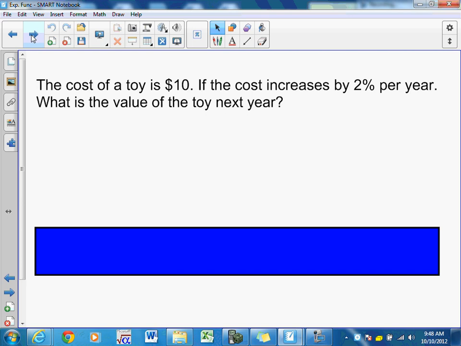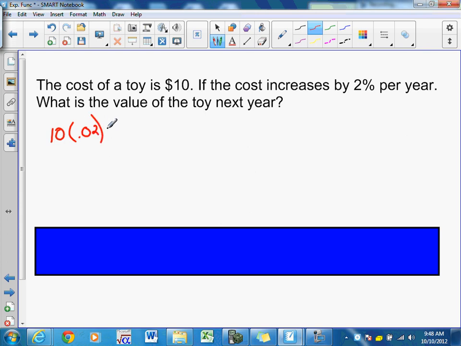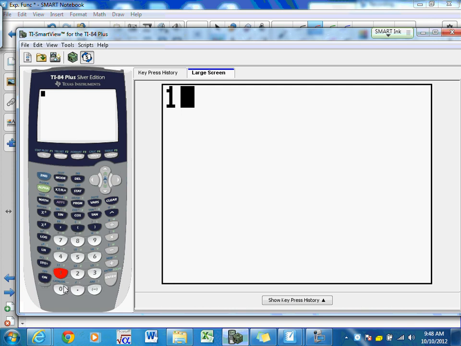The cost of a toy is $10. If the cost increases by 2% a year, what's the value of the toy next year? Well, to do that, we want to figure out what $10 with 2% is, and we can do that on the calculator, 10 times 2%.